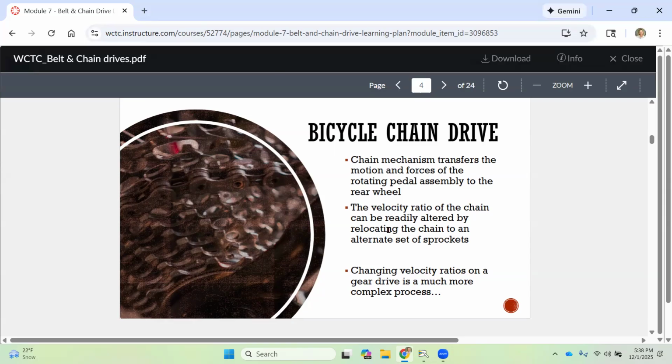There's a lever up on your handlebars that moves the chain back and forth so that it is placed onto the appropriate sprockets for the chain to drive on. Changing those velocity ratios helps make it easier or harder to pedal depending on what you're trying to accomplish.